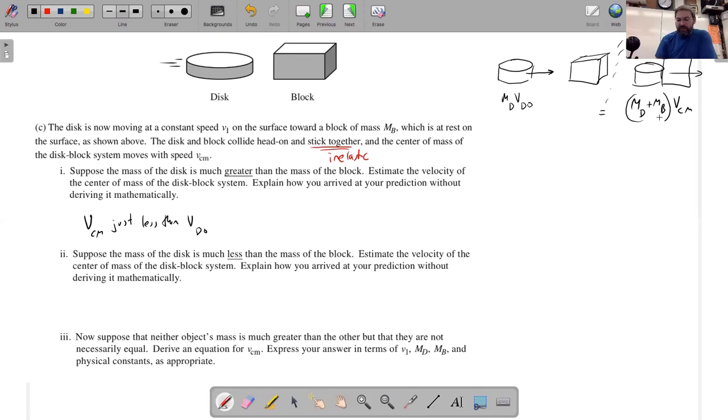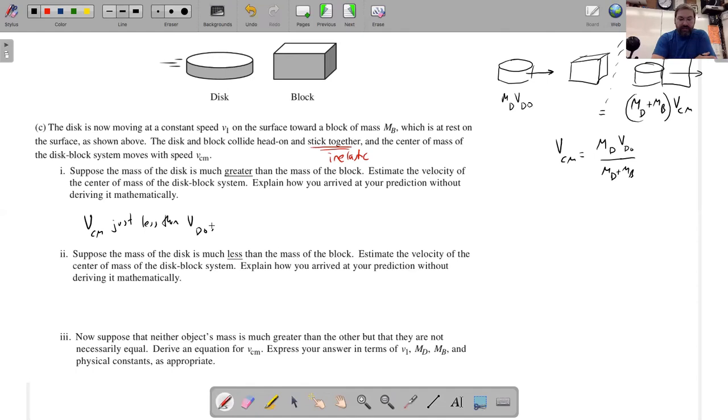I mean, you can sketch this on the side to think about it if you want. In the end, the velocity of the center of mass of the system is equal to the mass of the disk times the velocity of the disk initially, divided by the sum of the mass of the disk and the mass of the block. It's good to rely upon a mathematical description, but your explanation is not based upon deriving it mathematically.